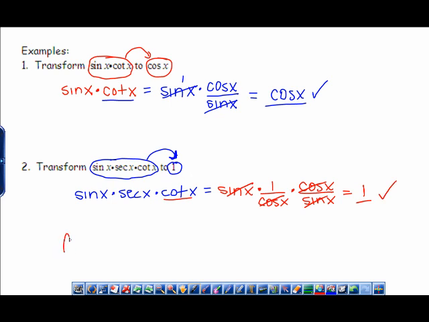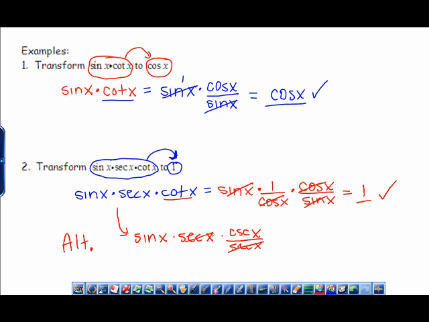Okay. Another way we could have proved this, I'm not going to do this on every problem, but on this one, from here, I could have, again, kept the sine x the same. I could have even kept the secant x the same. And I could have substituted in for cotangent, cosecant x divided by secant of x.